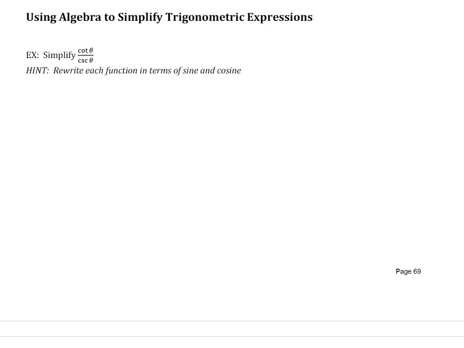And the hint is to take all of the expressions that we have and rewrite them in terms of sine and cosine. So cotangent of theta over cosecant of theta could be rewritten in terms of sines and cosines.